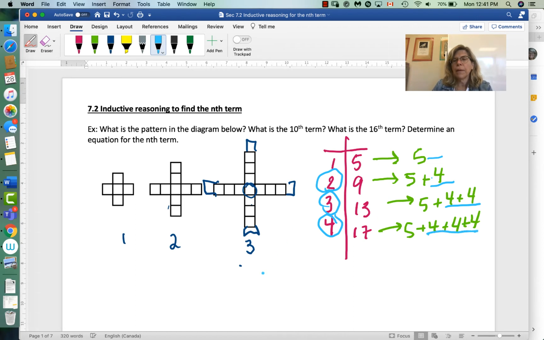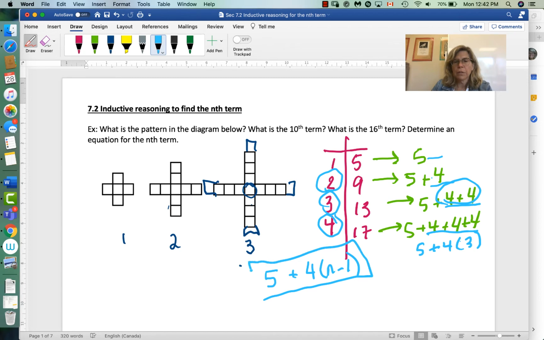And so you could make a general rule: 5 plus 4 times (n minus 1). Because this is three 4s, but it's the fourth term, and this is 5 plus 4 two times, but it's the third term. So 5 plus 4 times (n minus 1) will give you any term.